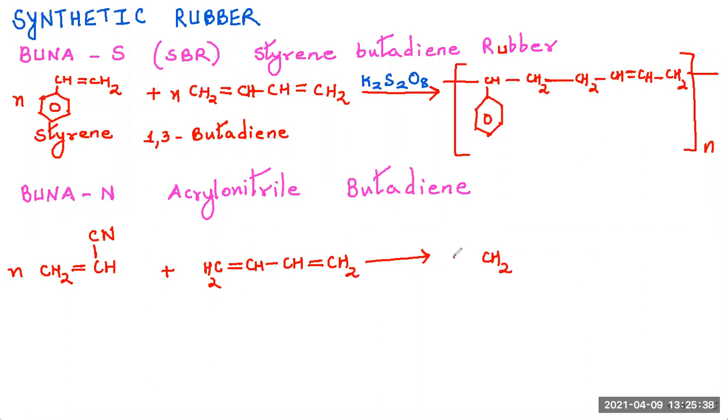Now I'll make it together only. 1 pi bond breaks to form 2 sigma. Is it okay if I go directly? 1 pi bond broke to form a sigma here. So CH2, single bond, and a sigma comes here. Single bond here and here. Is it clear, everybody?